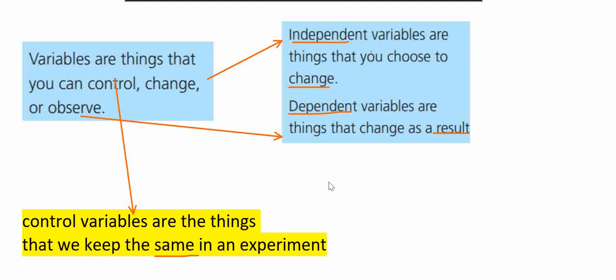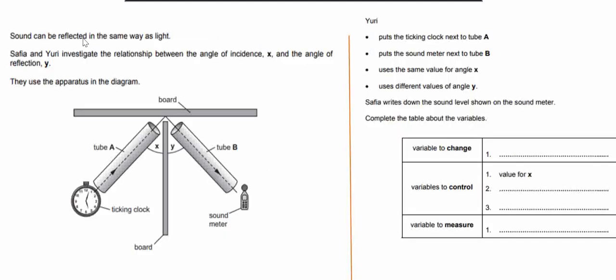Let's take a closer look at an example of a question. This is taken from the science checkpoint past paper. Sound can be reflected in the same way as light. This is a physics question related to scientific inquiry.